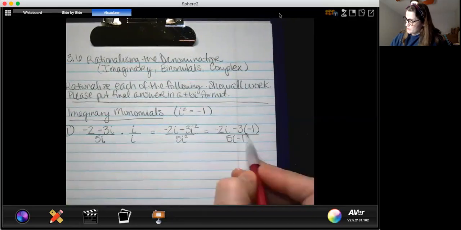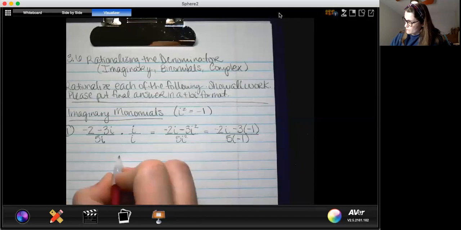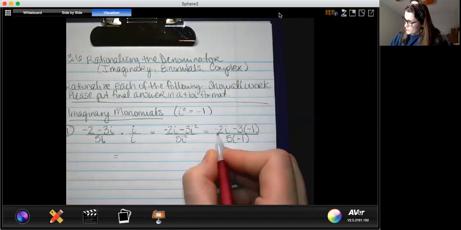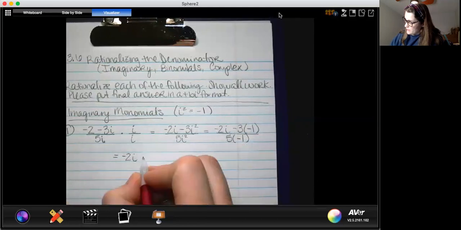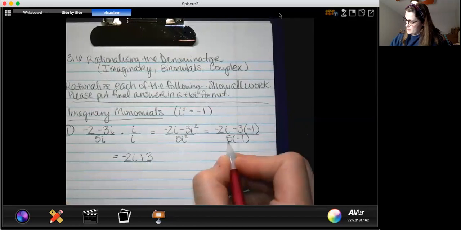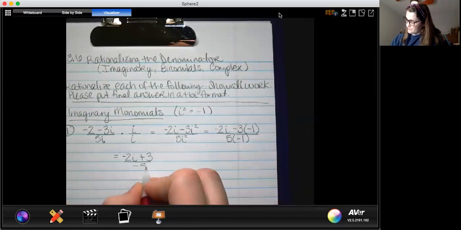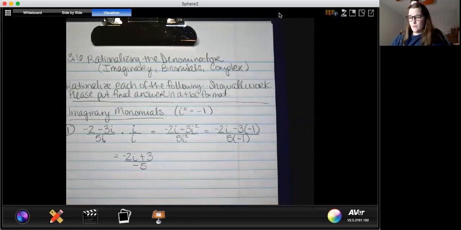And then we got to simplify this. So then we get -2i, -3 times -1 is +3, divided by -5. Now, when we write this final answer, we're going to have to change the format a little bit.